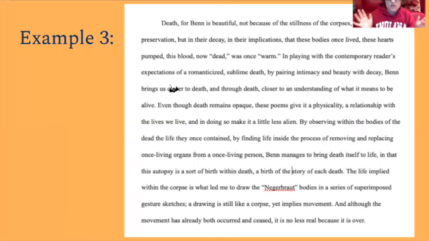The contemporary reader's expectations, the proximity to death leading to a better understanding of life, making death less alien by discussing how it exists in the bodies of people who are living now and will be dead, or who are dead but were living.